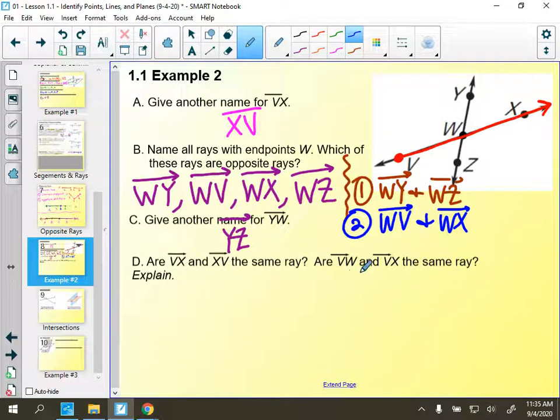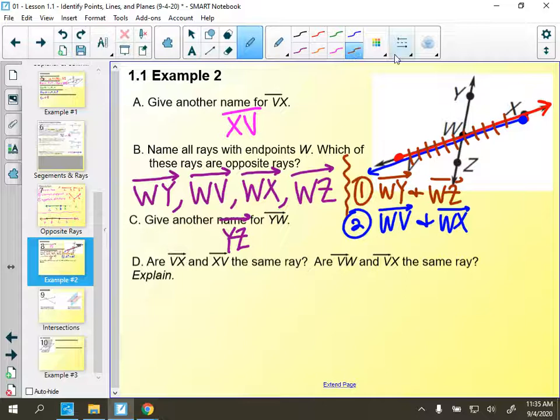And the flip would be, all right, where's XV? It starts here. I'm going to drop it down a little bit. Different color. Ray XV starts at X and passes through V and goes that direction. So is there some overlap? Absolutely, 100%. Every point in this region on this segment is contained on both rays.